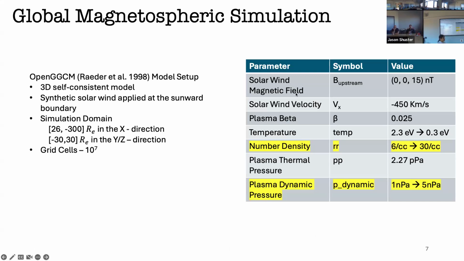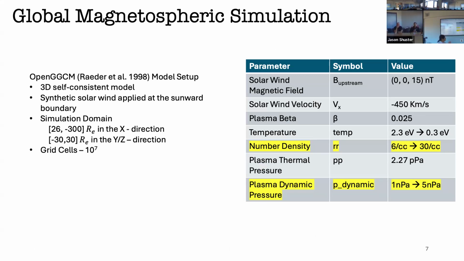The solar wind is strongly northward, with typical solar wind velocity. However, the solar wind density goes from 6 to 30. It's a jump by a factor of 5, which is very high.